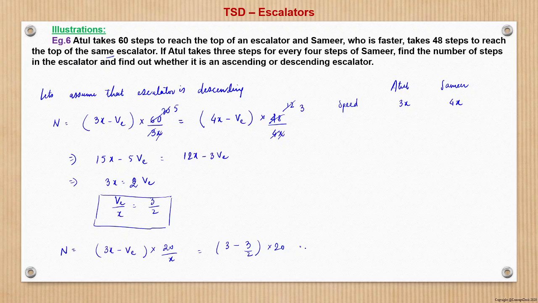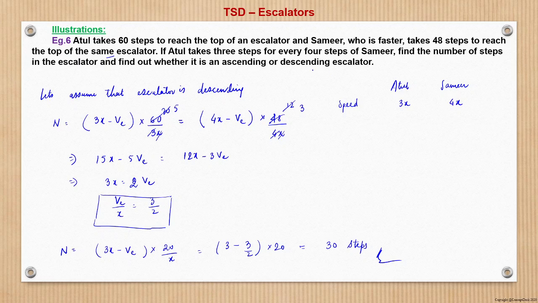So 3 minus 3 by 2 is 3 by 2. 3 by 2 into 20 is 30. So 30 steps is the answer to this question.